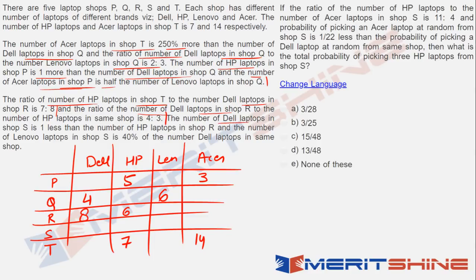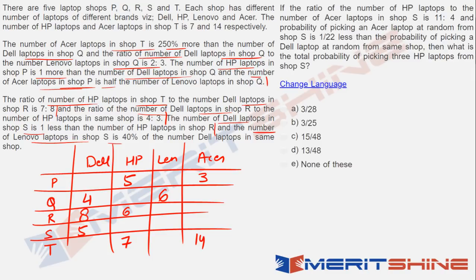The number of Dell laptops in S is 1 less than number of HP laptops in R. HP in R is 6. So Dell in S would be 5. Where do we write this? This becomes 5 here then. Good. And the last one, the number of Lenovo laptops in S is 40% of the number of Dell laptops in the same shop.